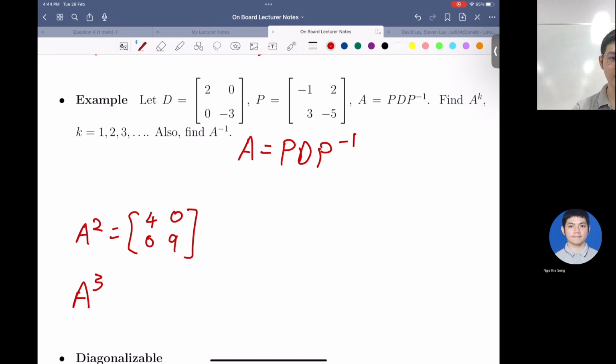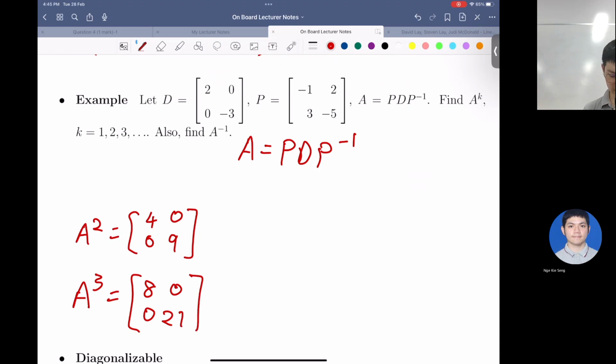Seems like A squared is not right. Oh, wait. Okay, maybe it's right. I'm not sure. How about A cubed? You got it? Okay.